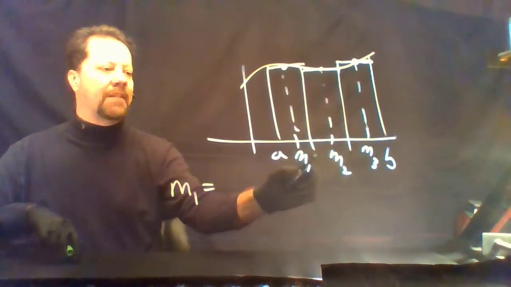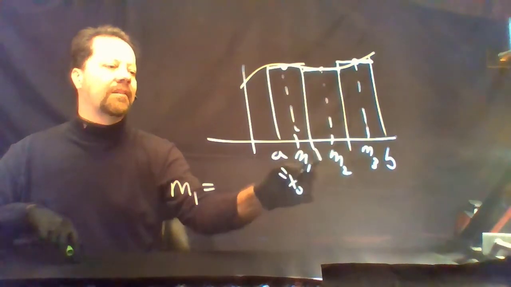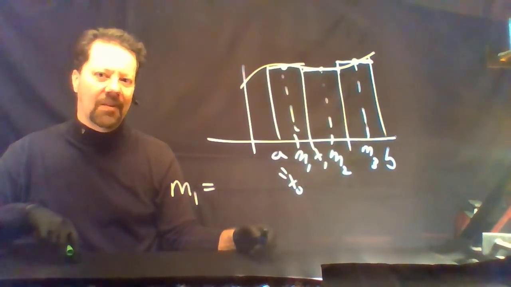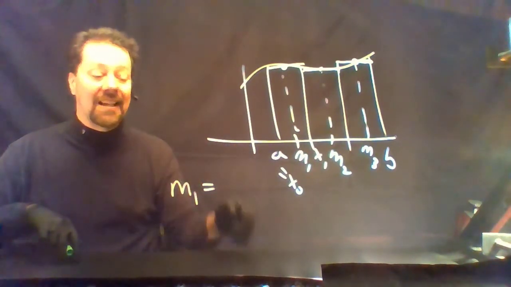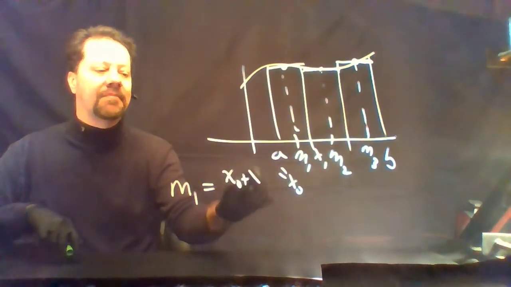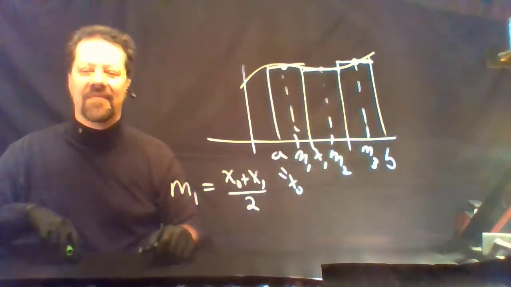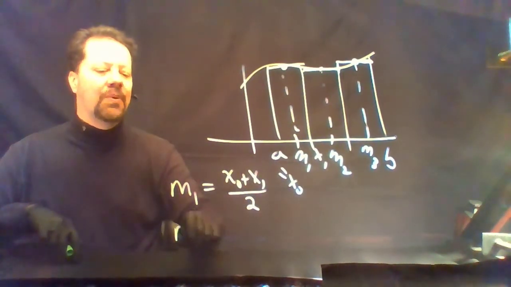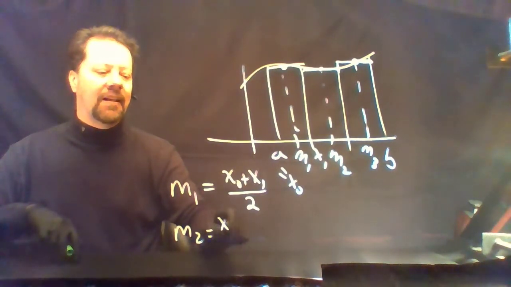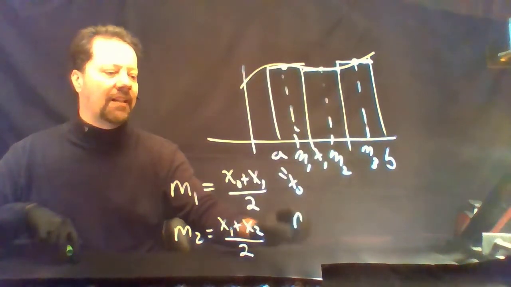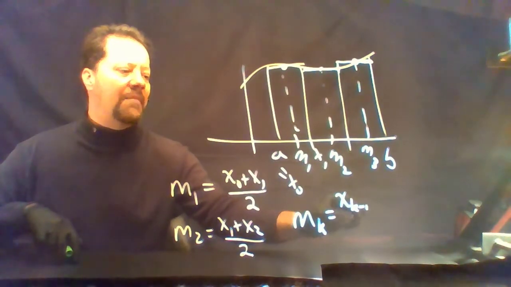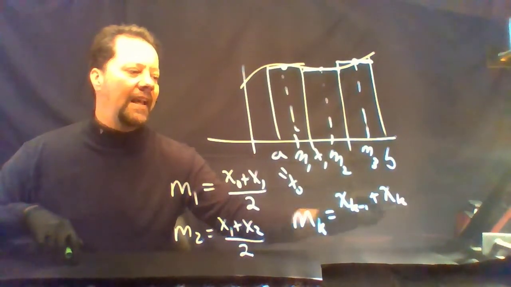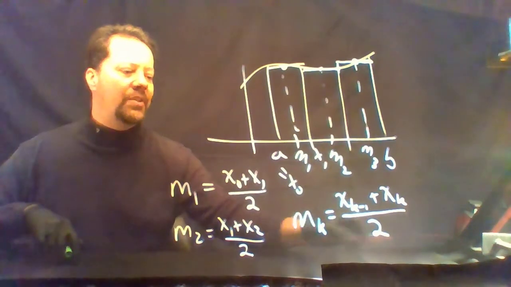M1 is right in between x0 and x1. How do you find the value exactly in the middle? The answer is you average them. M2 is going to be x1 plus x2 divided by 2, and more generally, the kth midpoint is going to be x k minus 1 plus x k divided by 2.